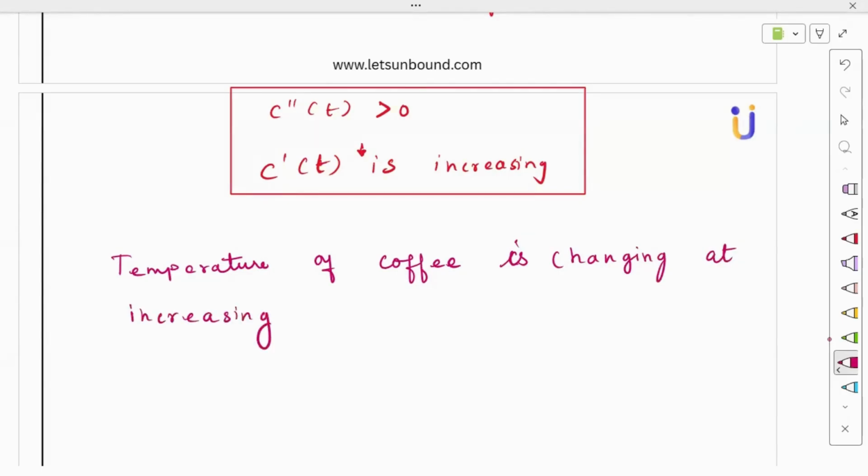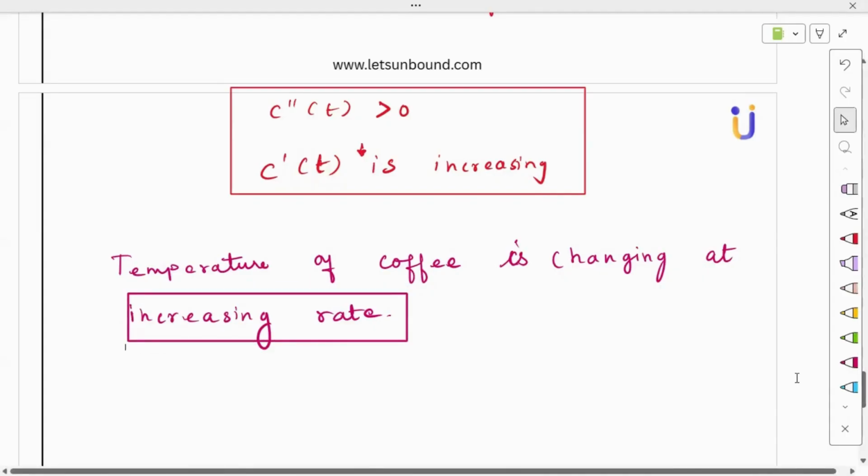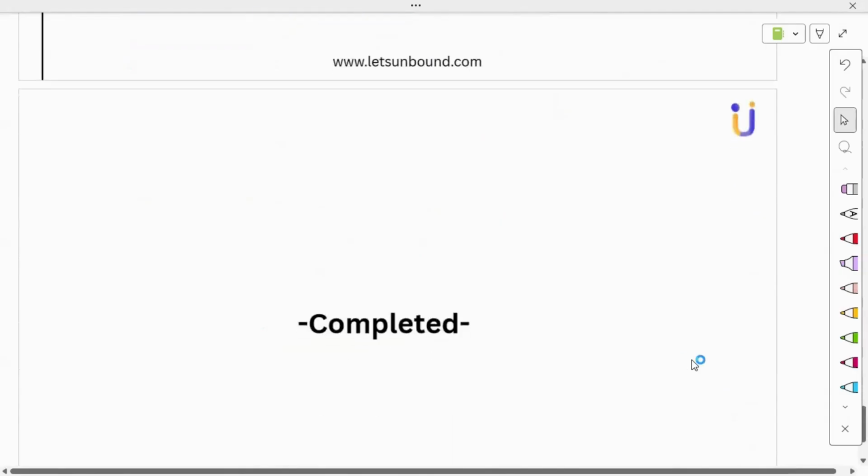The rate of change of temperature is increasing. Don't confuse that. Temperature is of course decreasing, they clearly state it's a decreasing function, but the rate at which it is changing is increasing because of this. And that's all about the first FRQ.